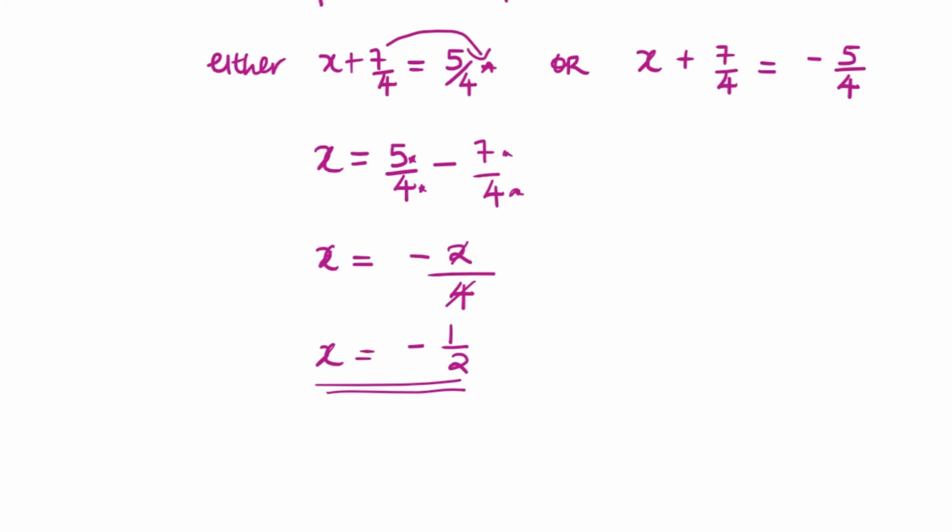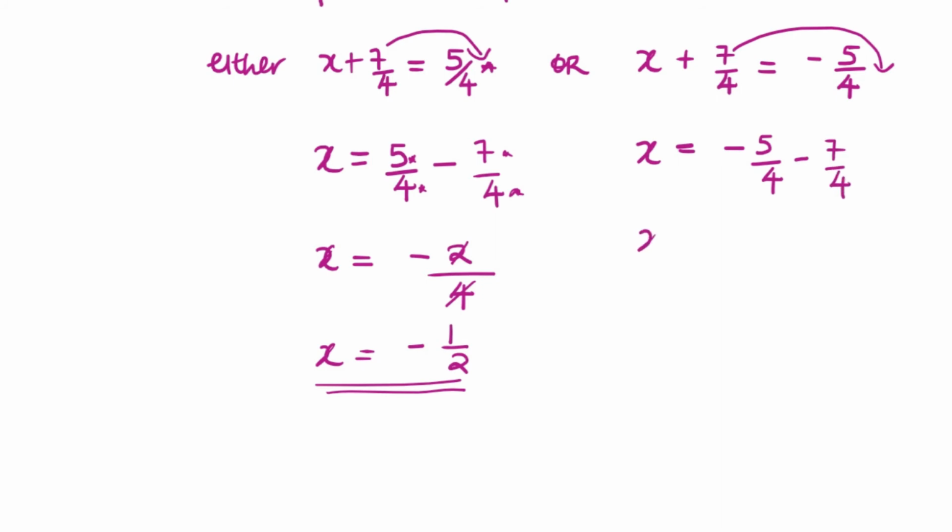Then this other solution, we are saying x is equal to negative 5 over 4, positive 7 over 4 goes the other side, it will be minus 7 over 4.